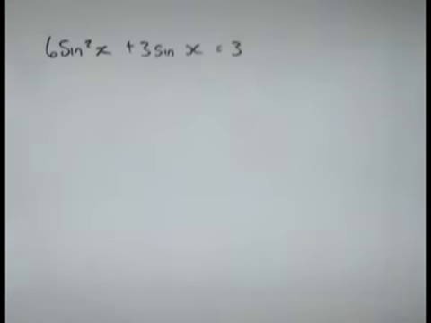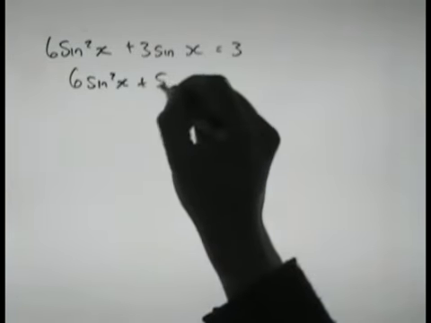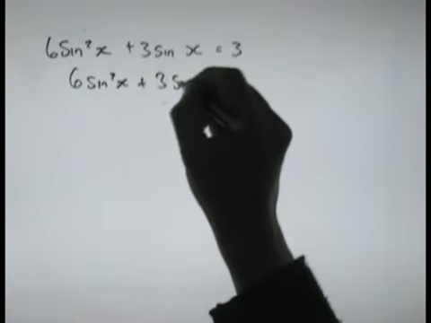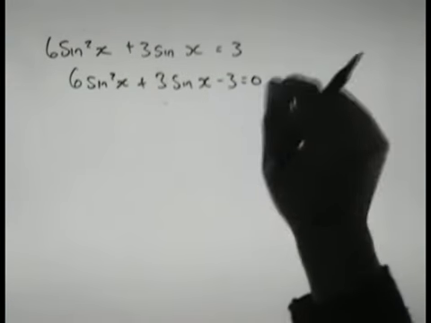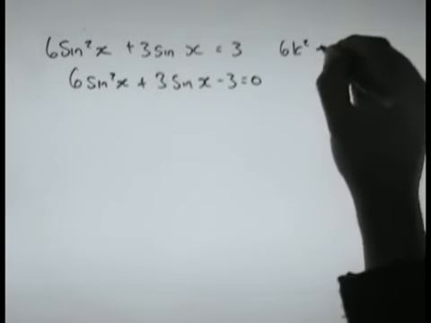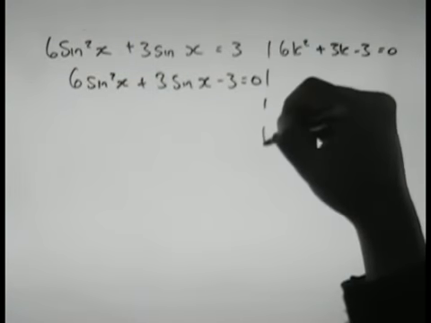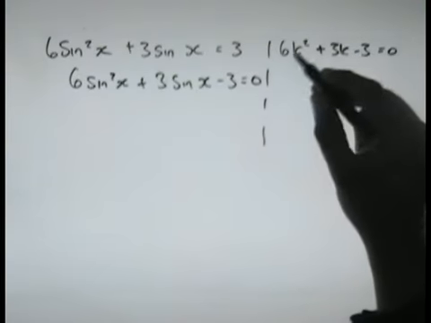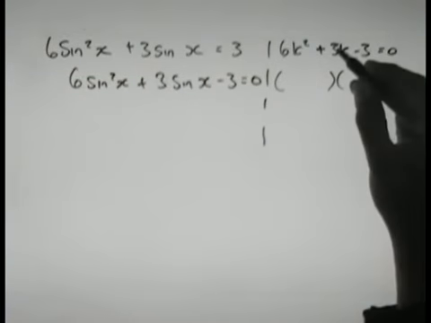The last one I gave you to do read 6 sine squared x plus 3 sine x is equal to 3. I'm going to start by making this 6 sine squared x plus 3 sine x minus 3 is equal to 0. This does look difficult. Look at this here: 6k squared plus 3k minus 3 is equal to 0. Now if I factorize this, 6 times 3 is 18. Are there factors of 18 that can give us positive 3?